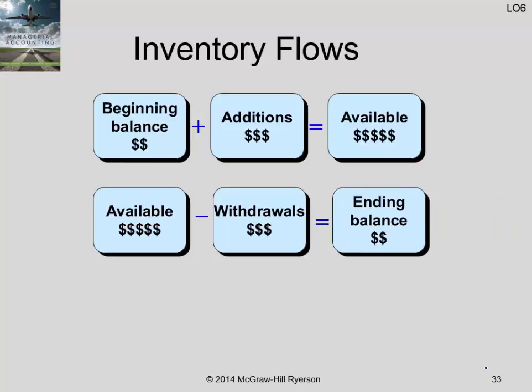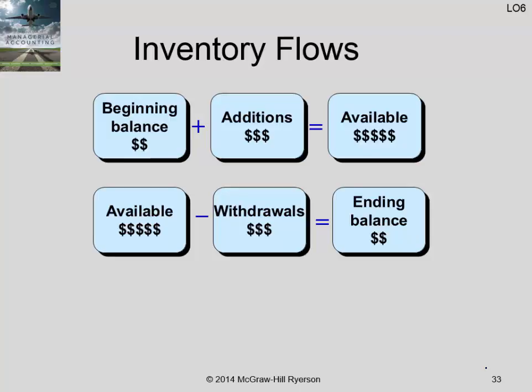So remember now we're dealing with 3 categories of inventory: direct materials inventory, or raw materials inventory, work in process, and finished goods. And each of them is going to have, for any given period of time, a beginning balance, additions, withdrawals in this case, which could be moving direct materials costs out of direct materials and into work in process, right?